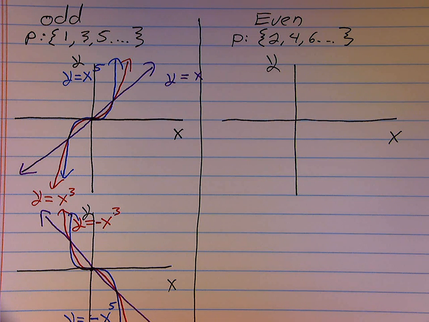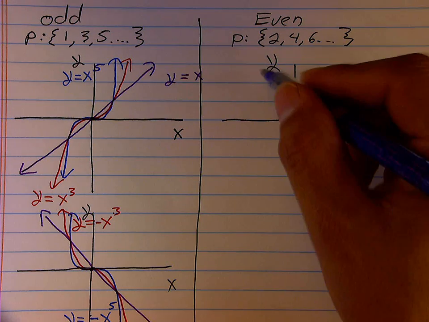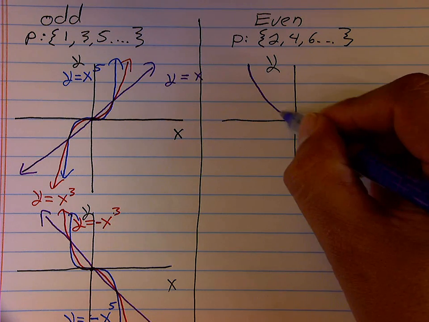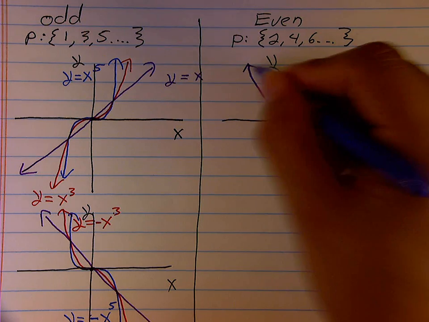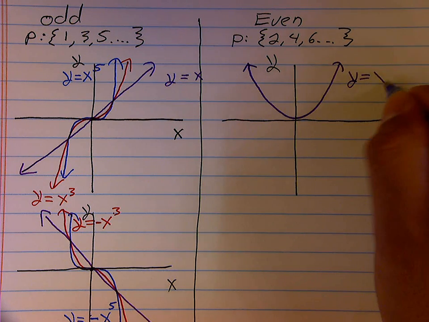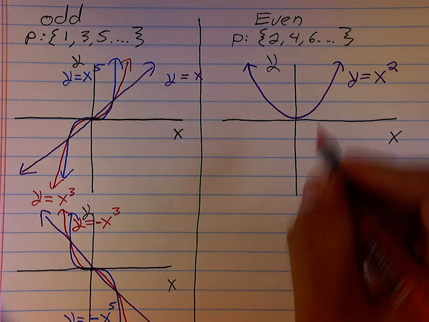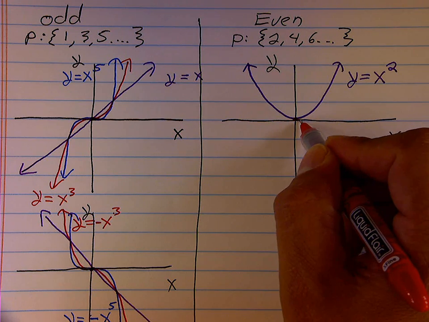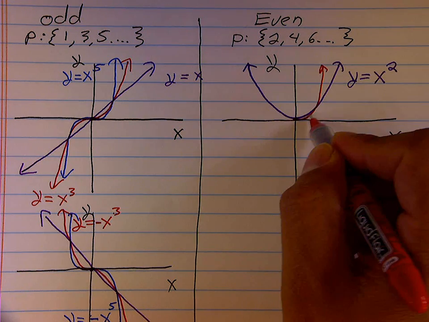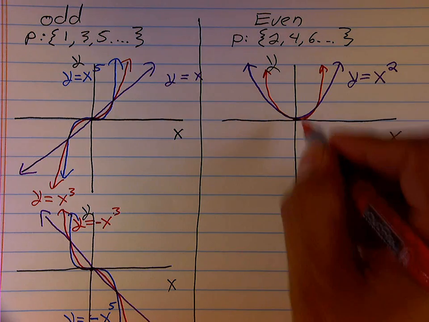So the most basic even is y equals x squared. And you know it opens up because my lead number is positive. Now the only difference between a squared and any other even is how much curve it has. So if I was to increase that curve by making it a fourth instead of a squared, it would look like this.